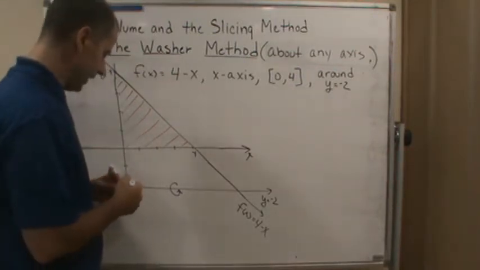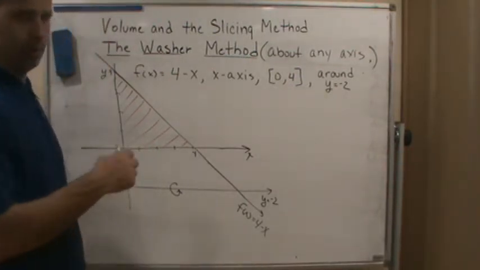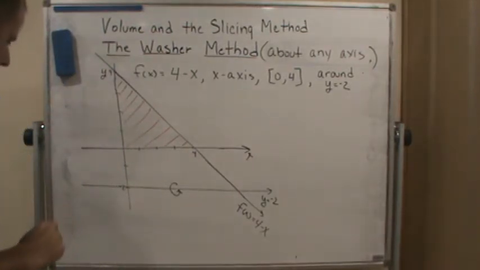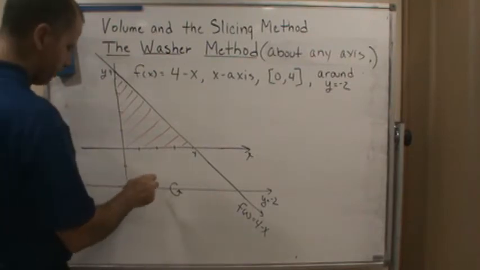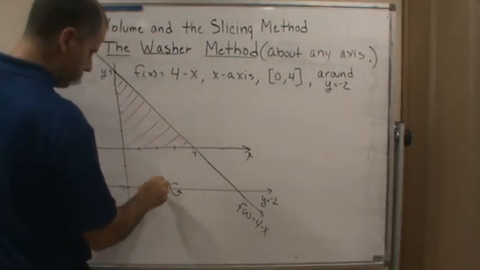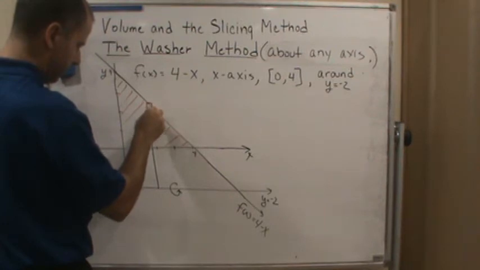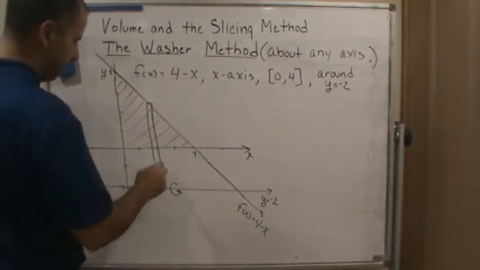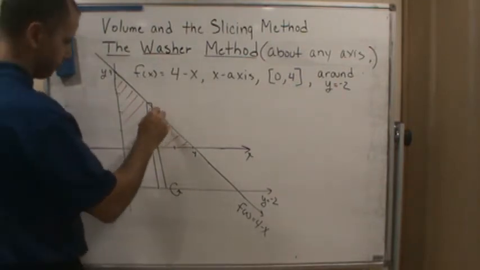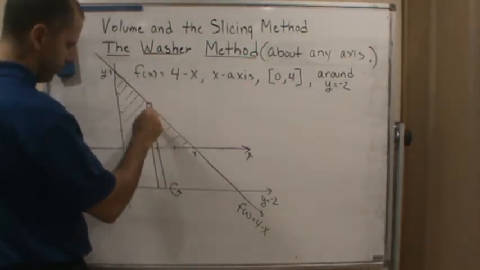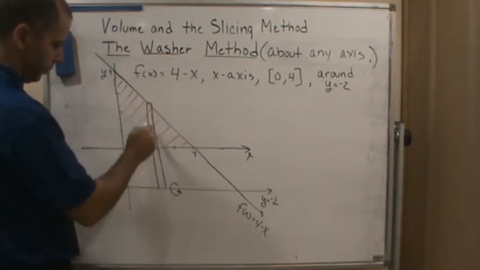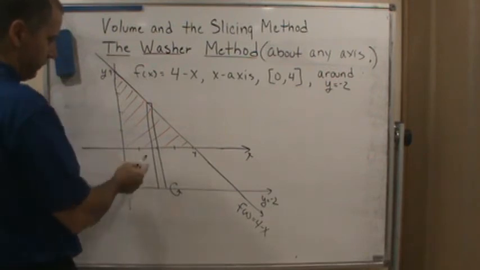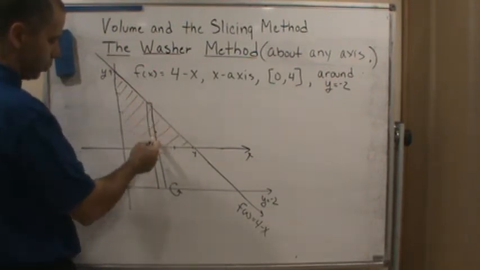So if we think about it, the washer method. If we draw our triangle again as a reference, again we have two circles. We've got this circle here. When we rotate it around, it's going to create a disk, and we want to find the radius of that disk.